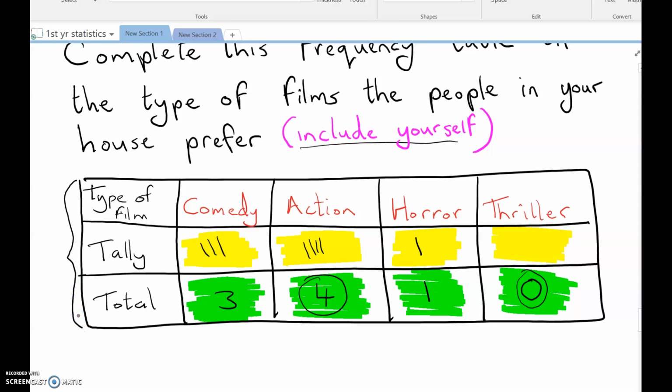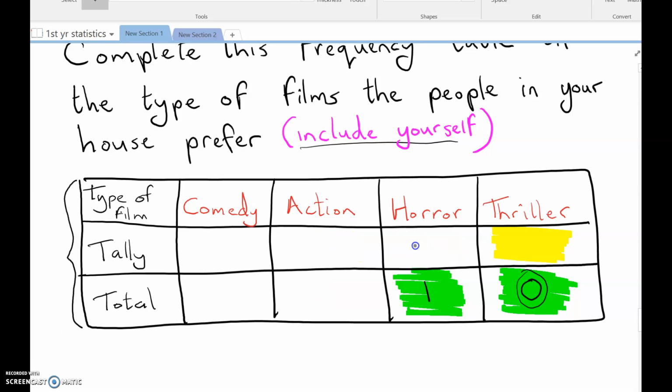You can all understand in your house what is the most popular and least popular type of film. So we're able to make decisions on that information. If we go to rent a film or download a film or watch a film on Netflix, we're not going to pick thriller because nobody prefers thriller. But we will maybe pick an action film because that's what most people in the house prefer.